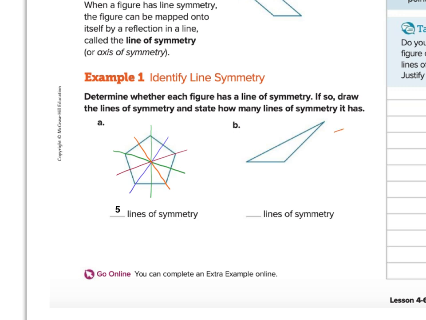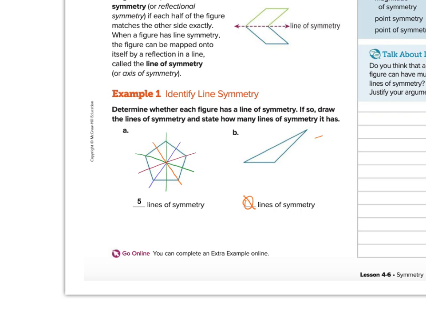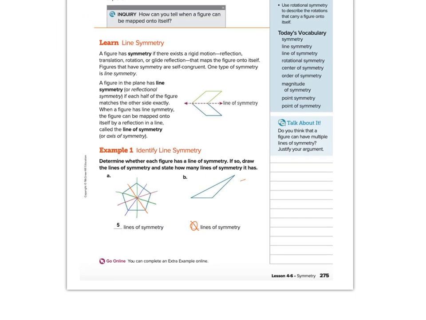This object over here is a scalene triangle, and no matter where I try to draw a line, I'm not going to be able to have it fold on top of itself. So there are no lines of symmetry in that image. So just thinking about it, visually looking at it.